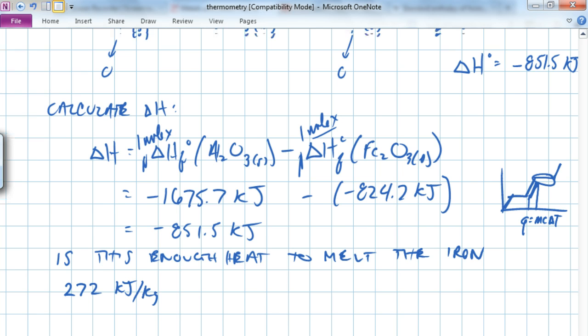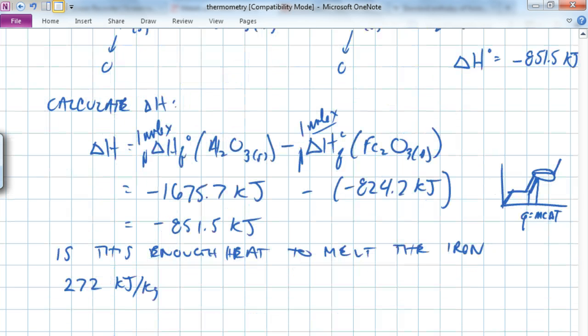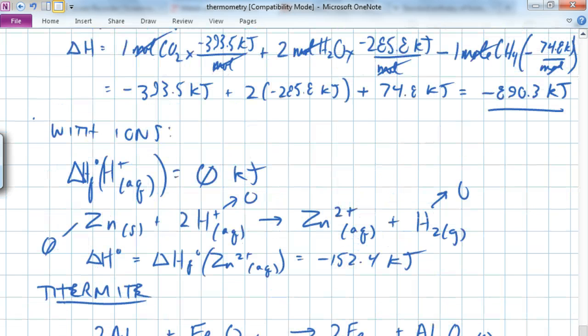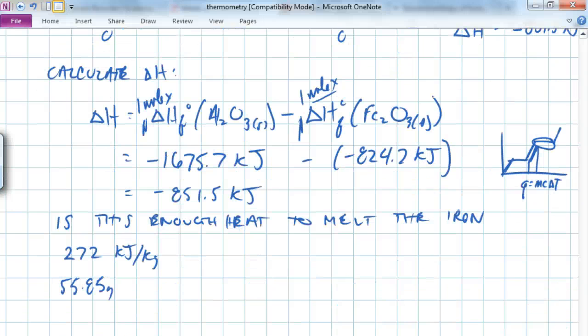So what do we have here? We've got 1 mole of iron, which is a lot less than a kilogram. It's only 55.85 grams. Sorry, we have 2 moles of iron, so 2 times that.